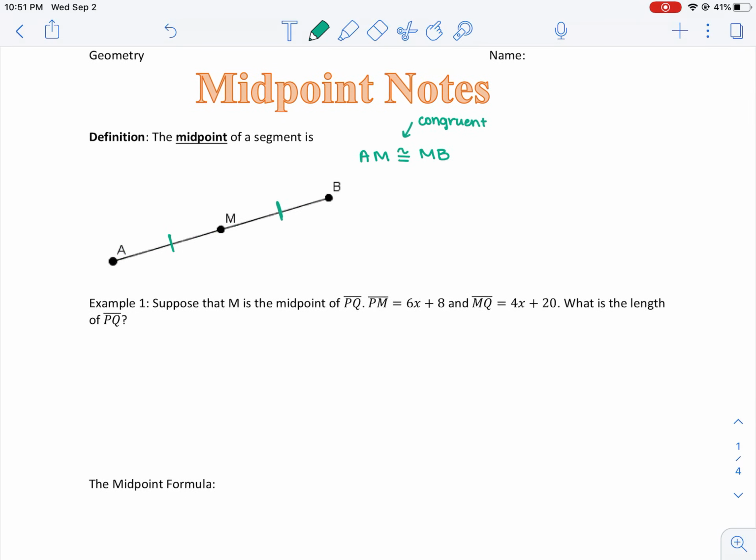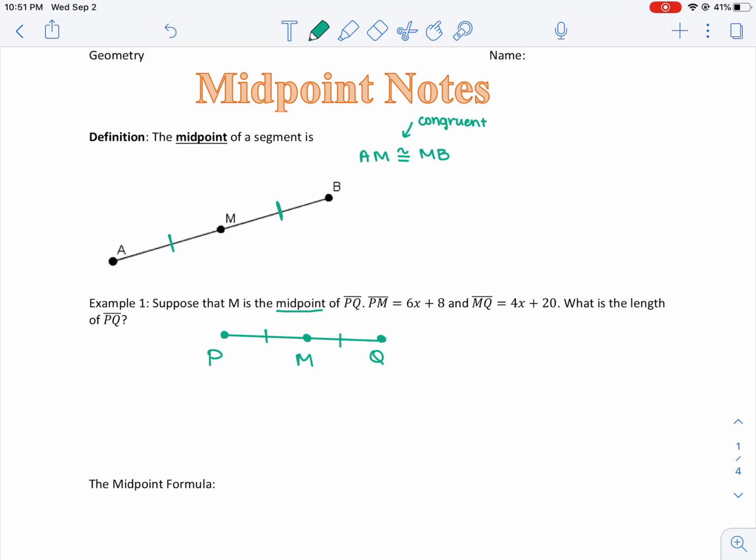So if we suppose that M is the midpoint of PQ, I've got PQ, got to draw it out, and I've got M in the middle. Now, in geometry, I like to label everything as much as I can. So since I know my given is that M is the midpoint, I know that PM is equal to MQ.